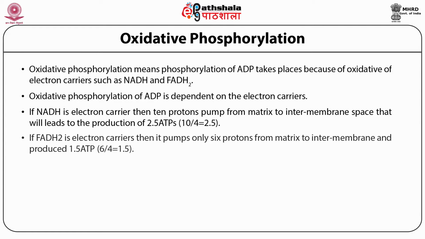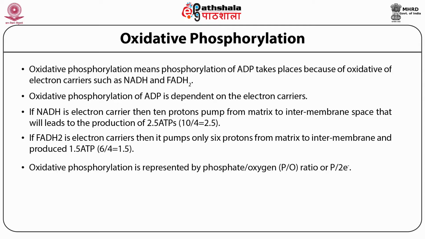Similarly, if FADH2 is the electron carrier, then 6 protons are pumped from the matrix to the intermembrane space, and it produces 1.5 ATP. Oxidative phosphorylation is also represented by the phosphate to oxygen ratio, or P to 2 electron ratio.